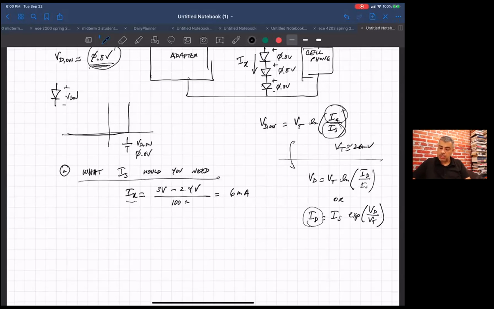So I'm going to use this equation. 6 milliamps is equal to I sub s, which is what we want to find out, times the exponential of, we'd like V sub D to be 800 millivolts, and V sub T is around 26 millivolts. Then I reorganize all this and get I sub s is 2.6 times 10 to the minus 16, something like that.